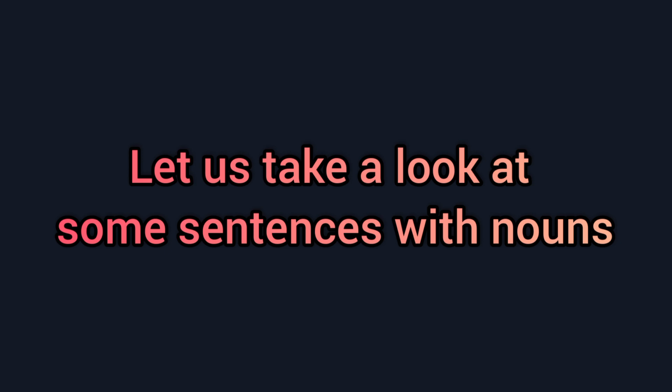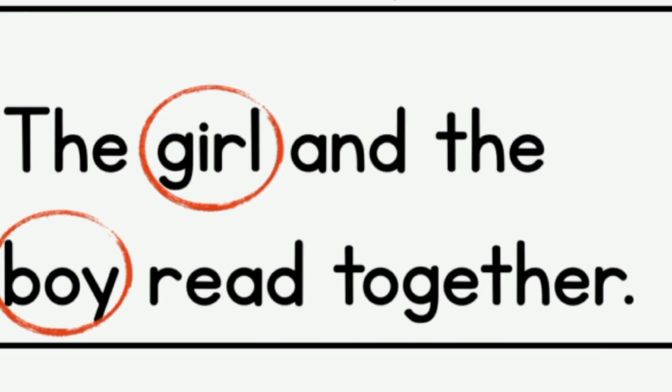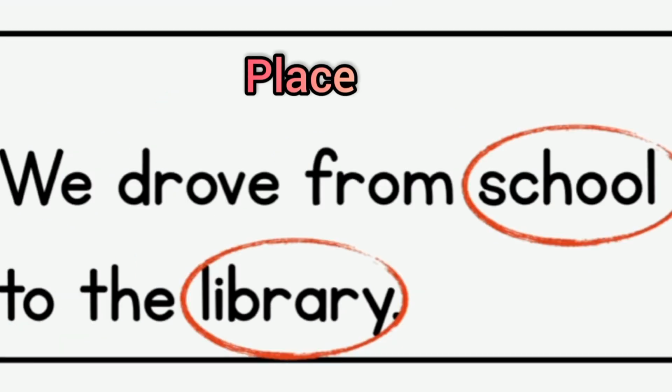Let's take a look at some sentences with nouns. The girl and the boy read together. Now, in the sentence, girl and boy are nouns, and they are for people. Now, example for place.